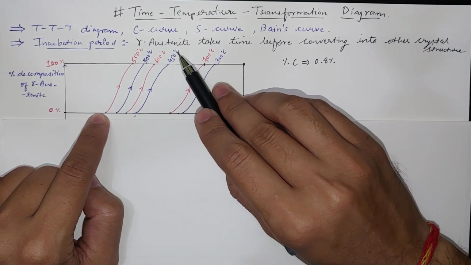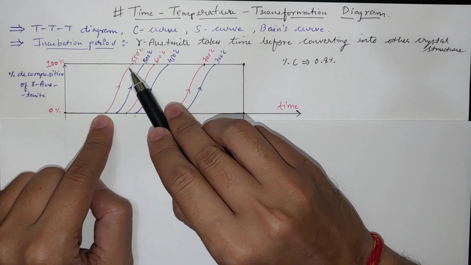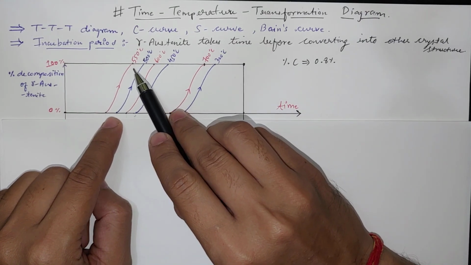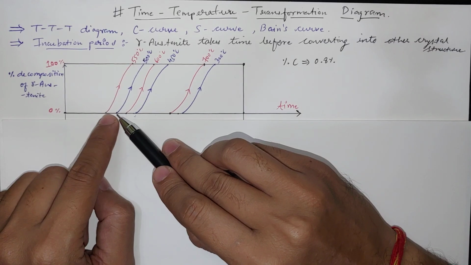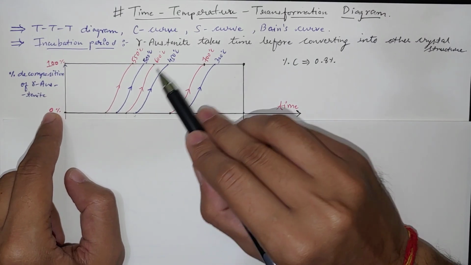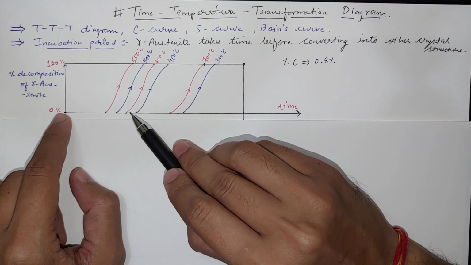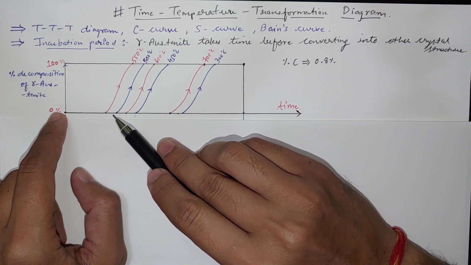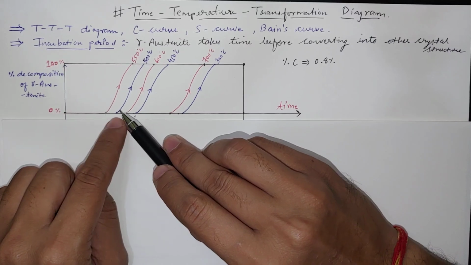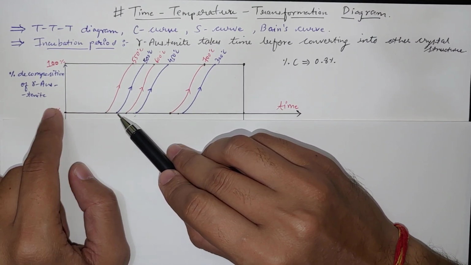So reducing the temperature reduces the incubation period, but after 550 degrees Celsius there is some change. If we further reduce to 500 degrees Celsius, the incubation period increases.